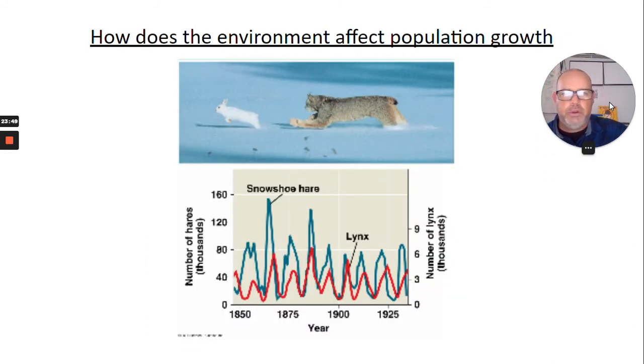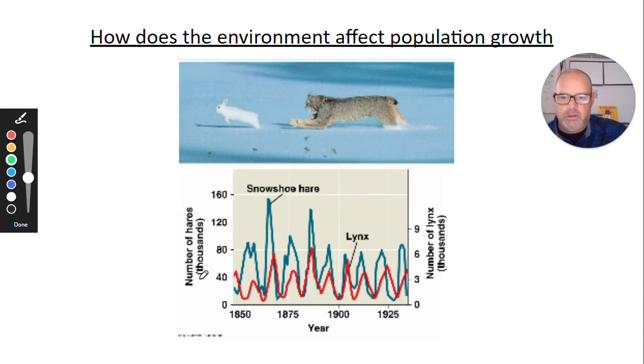This is always a good one: the snowshoe hare and the lynx. You can track what's going on here. The snowshoe hare is the blue line, the lynx is the red line. You see the snowshoe hare going up, and not far behind it, so does the lynx population.